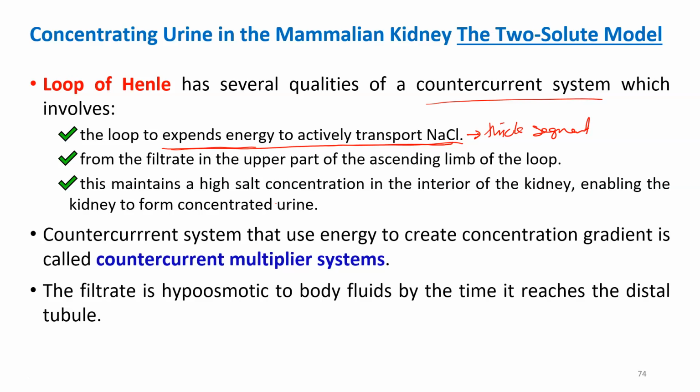Okay, active transport. So from the filtrate in the upper part of the ascending limb of loop of Henle, okay, which is in the thick segment lah. So this maintains a high salt concentration in the interior of the kidney, enabling the kidney to form concentrated urine.